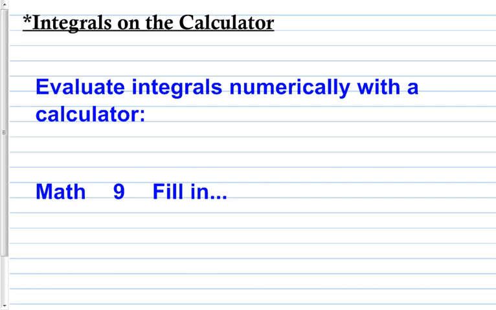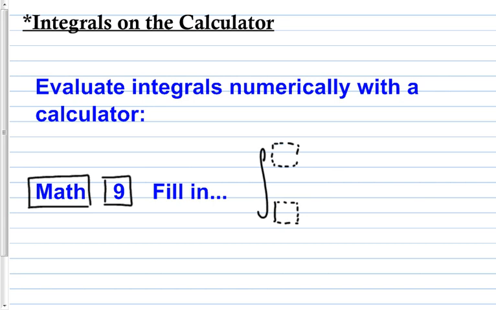Okay, on your graphing calculator, you're going to hit the math button, and then you're going to select number 9, and then you're going to end up with something that looks like this on your screen. This is actually dotted. Let me make dots. And then parentheses, another dotted box, close parentheses, and then a D, and then another dotted box.